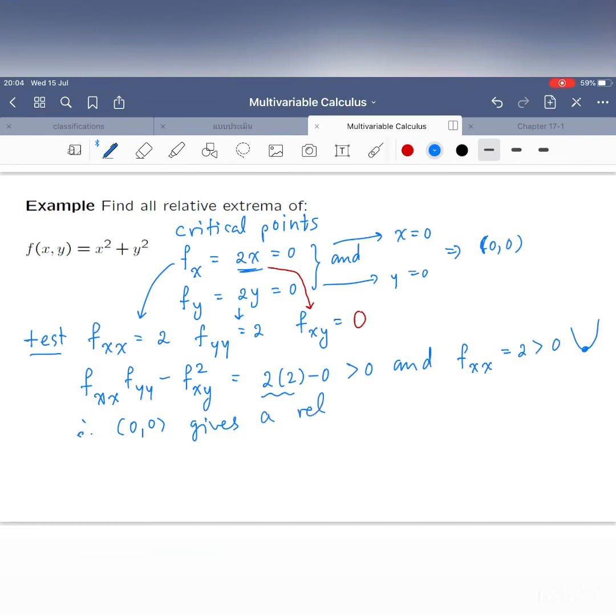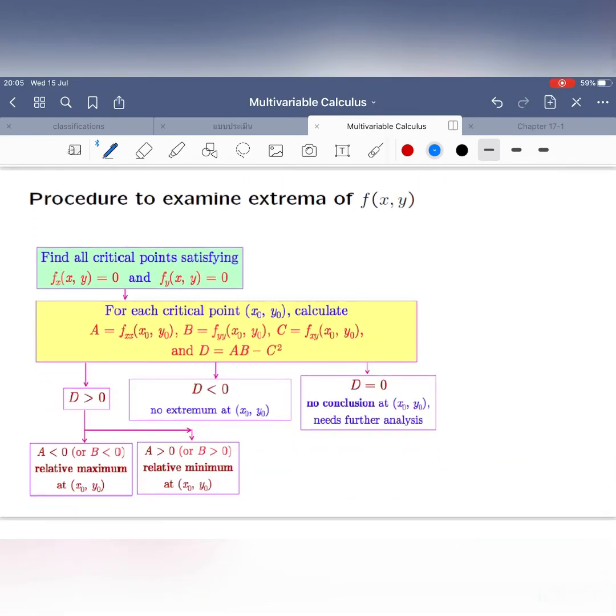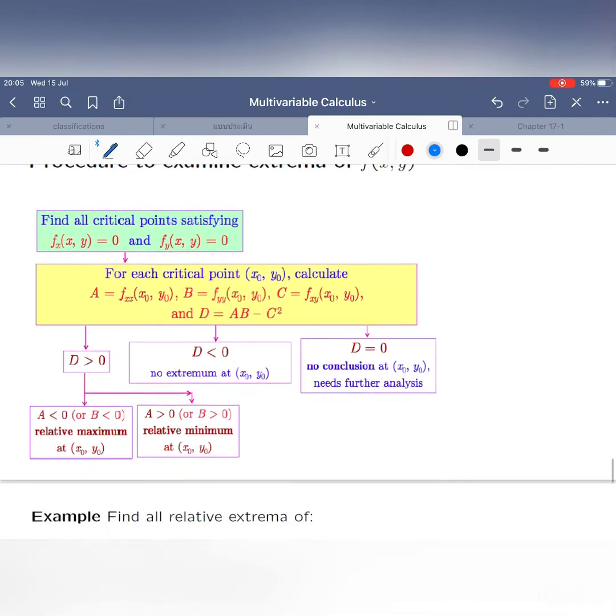A relative minimum value, okay, and for the relative minimum value, don't forget that it is f at (0, 0), the z value, which is of course in this context 0 as well, okay. So if you like, you can look at this diagram as a procedure, but it's the same as what we just learned before.